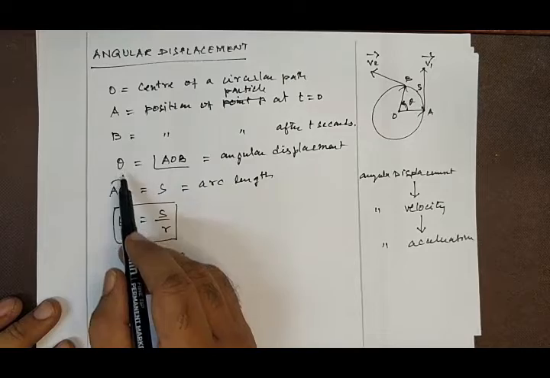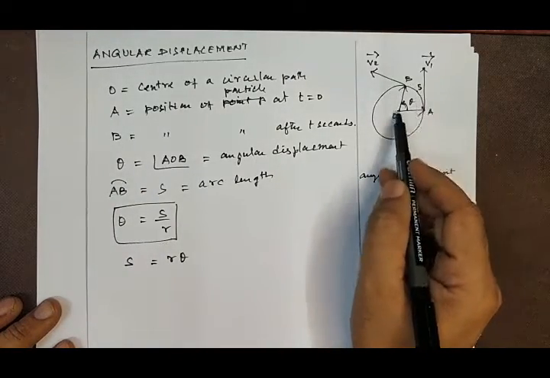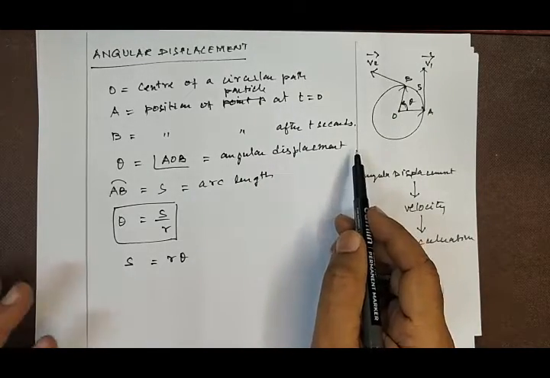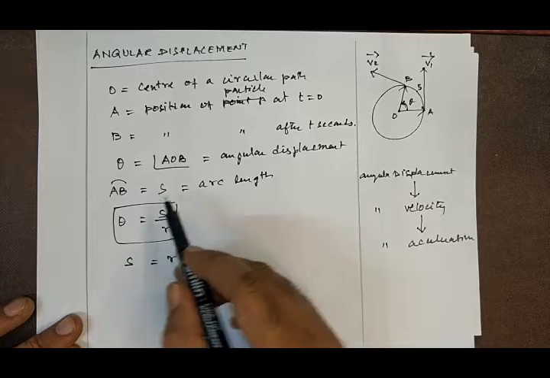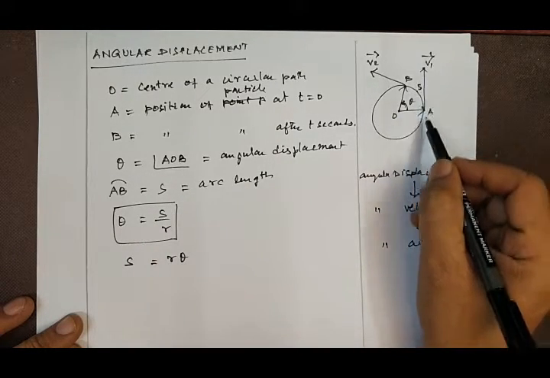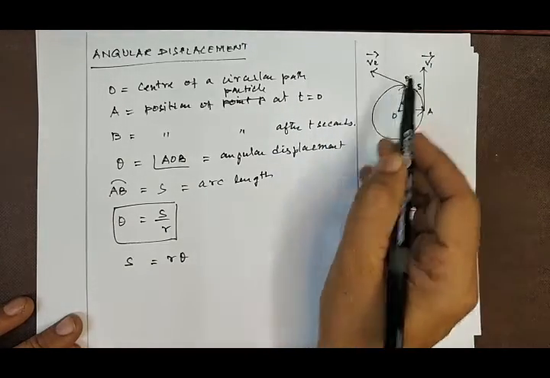Then it subtends an angle theta, and that theta is nothing but AOB. It's called angular displacement. But when you consider here at point A, V1 is the linear velocity here, and V2 is the linear velocity at B.